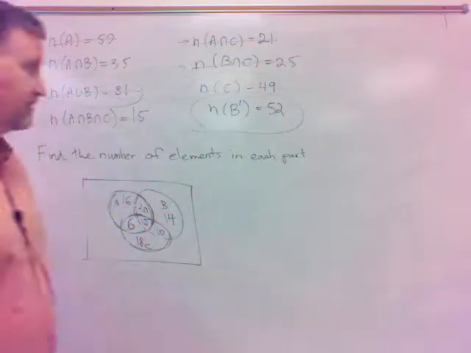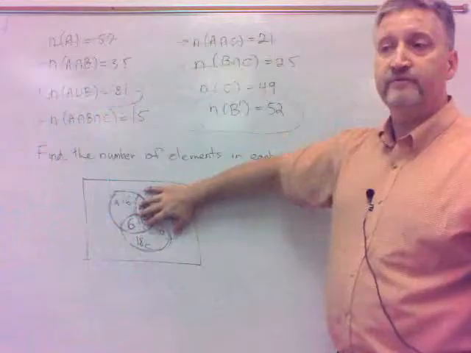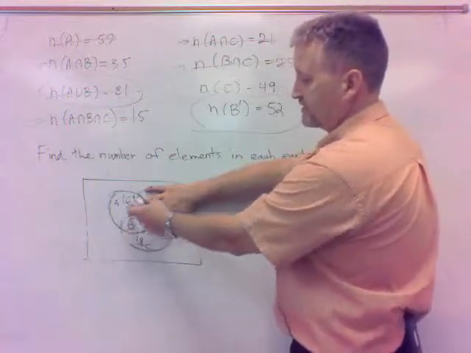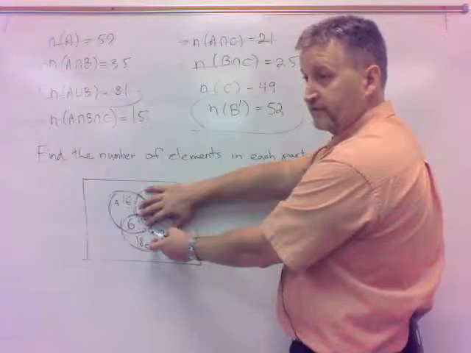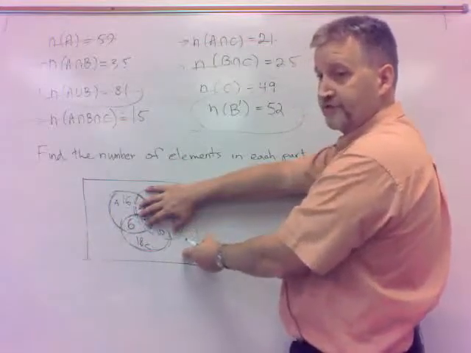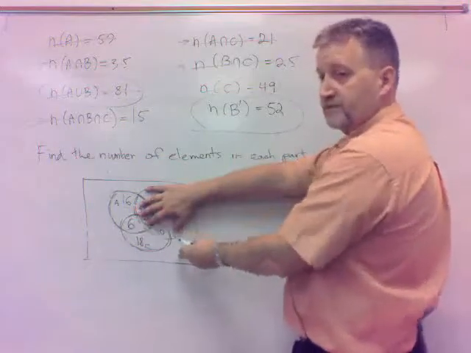In other words, if I cover up the B circle here, that needs to be 52. Well, I've got 16, 6, and 18. That's 40, I believe. So if these are 40, what goes out here then? Because that's also on the outside. Well, it needs to be 52, so if those are 40, this needs to be 12, doesn't it?